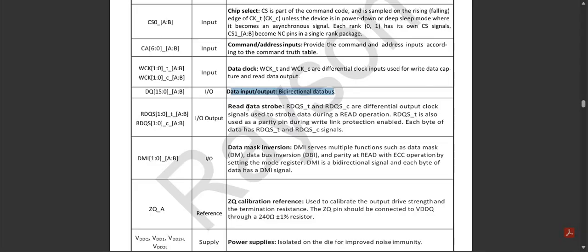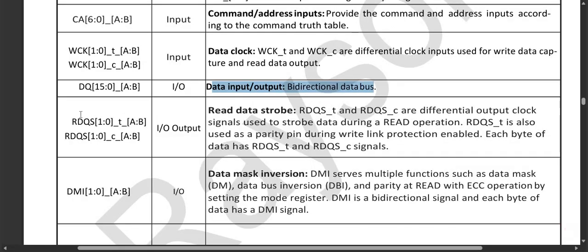So open the schematic right here, DQS, read data strobe. So these are differential output clock signals. Okay, so this is our differential signals exactly.